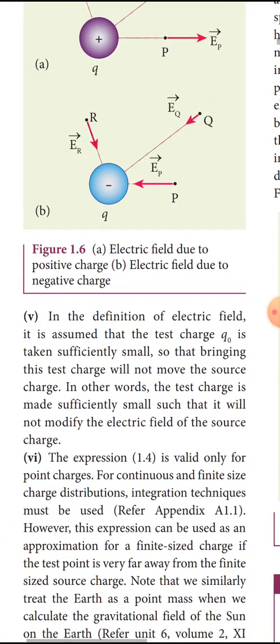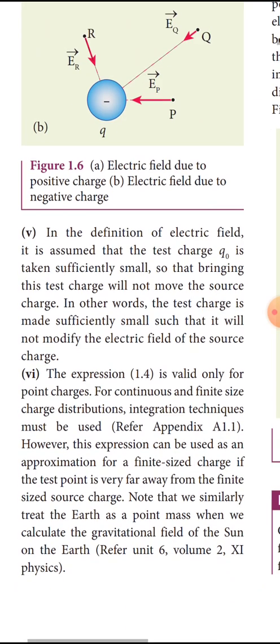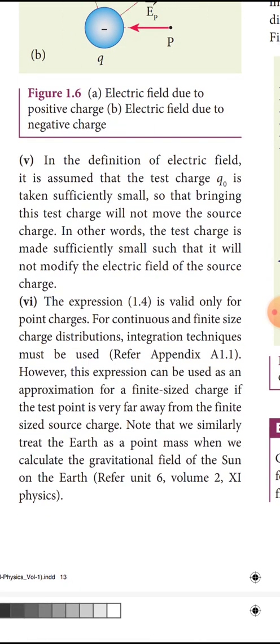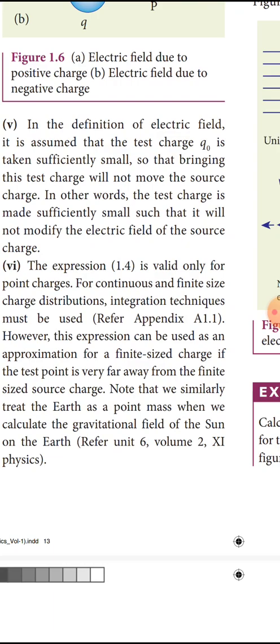And in the fifth point, the test charge is sufficiently small such that it will not modify the electric field of the source charge. Usually the test charge is very, very small, so it will not affect the source charge. And you have to write the sixth point.